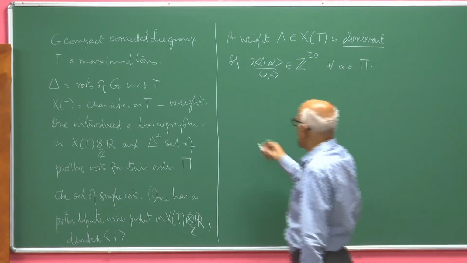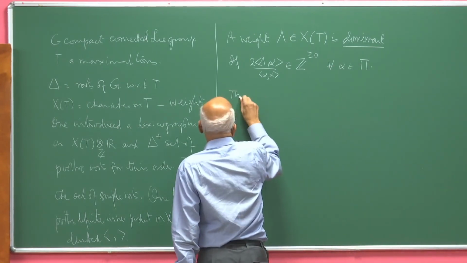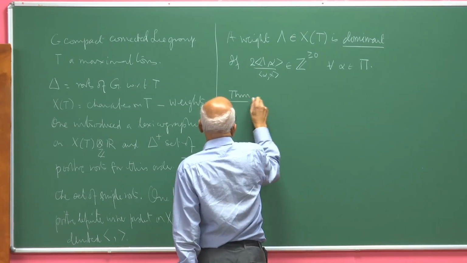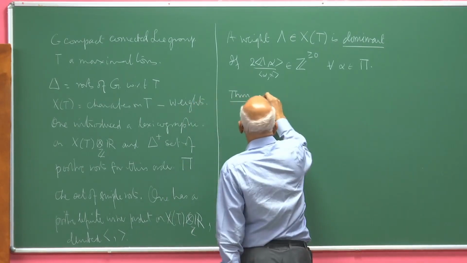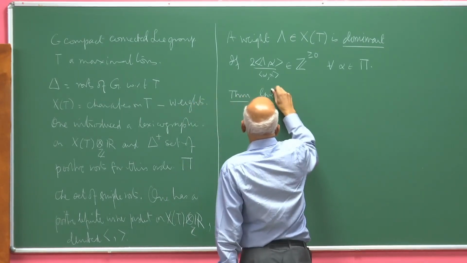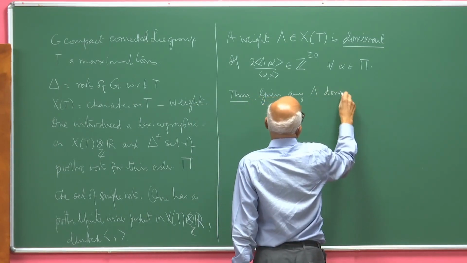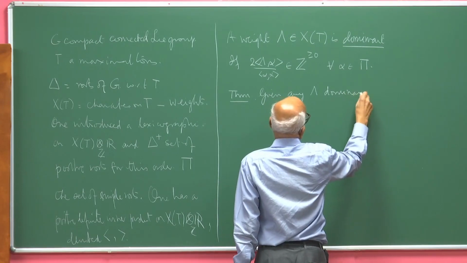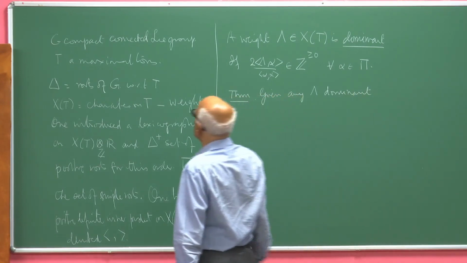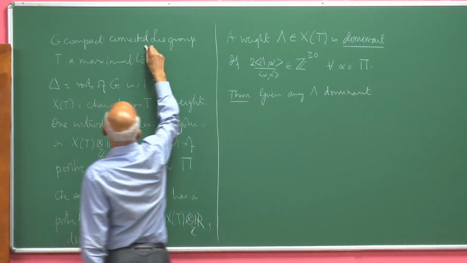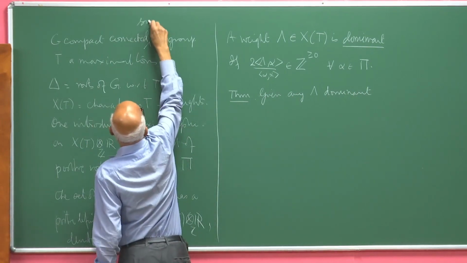And the theorem I proved last time, or maybe the time before last, is the following: given any lambda dominant, G compact connected, will also assume simply connected.